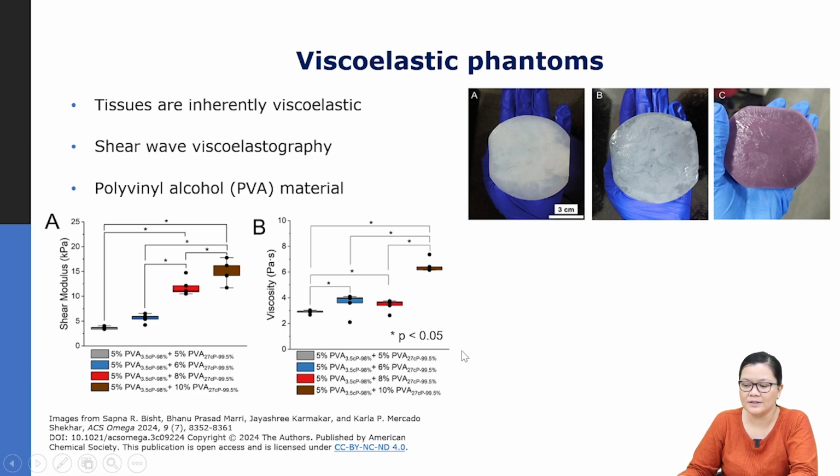This is one such example where the viscosity remains fairly constant, but the shear modulus increases as you change the concentrations of the PVA in the phantom. There are other efforts looking at various types of viscoelastic phantom materials to assess the newer viscoelastography algorithms.